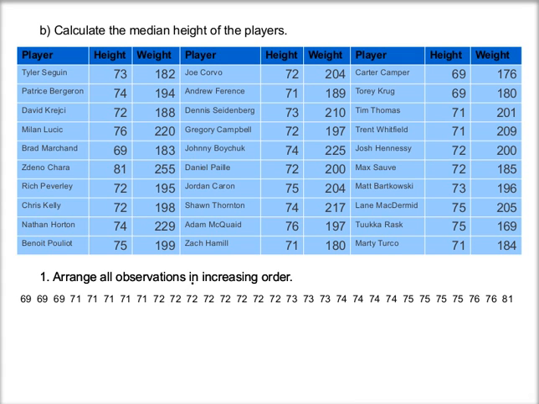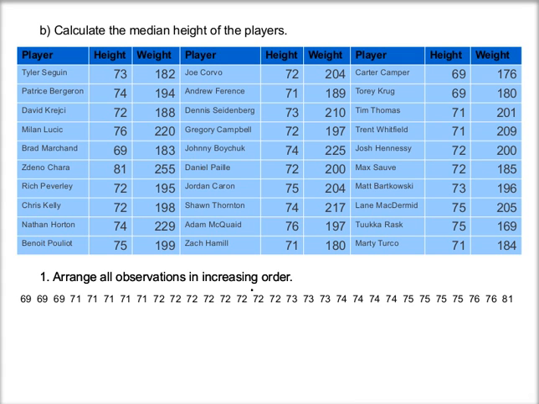The second step is to find the center here. So we've got 30 players, so this is an even number, so I'm going to look at the middle 2 players, and those will be number 15 and 16. So I count over 1, 2, 3, 4, 5, 6, 7, 8, 9, 10, 11, 12, 13, 14, 15.